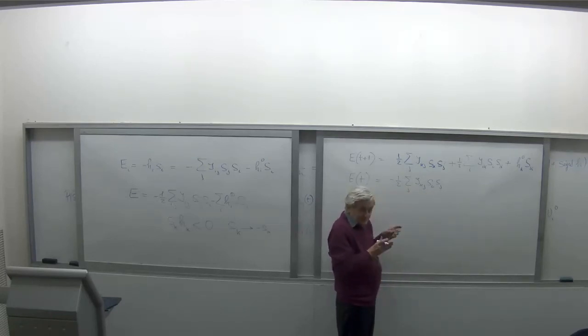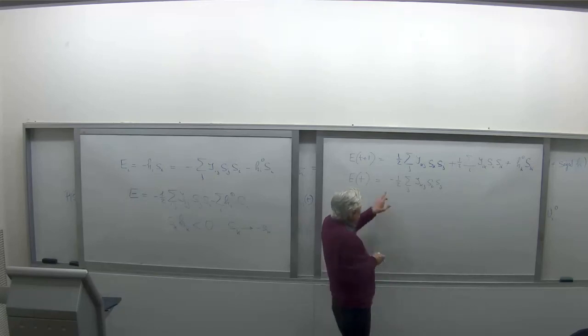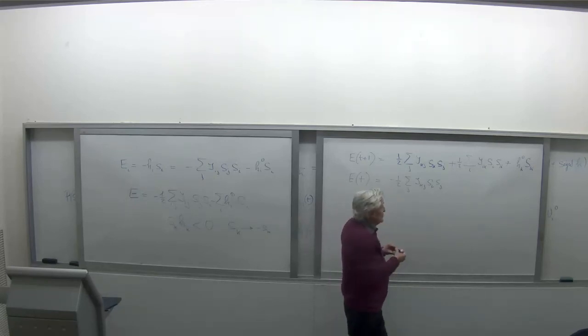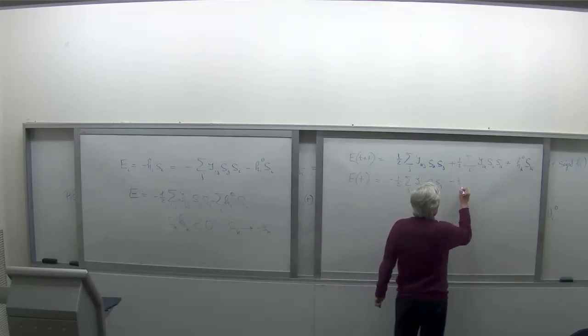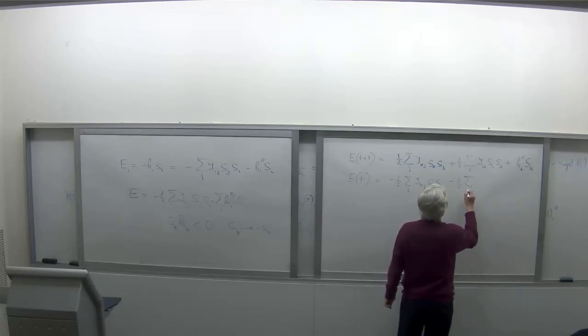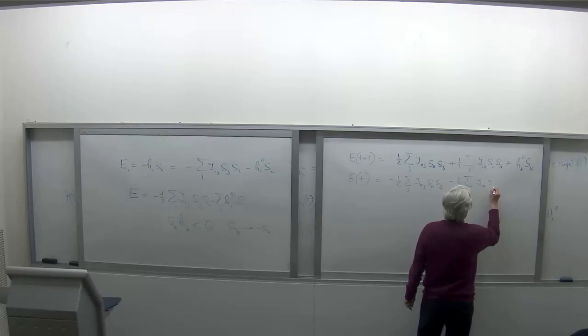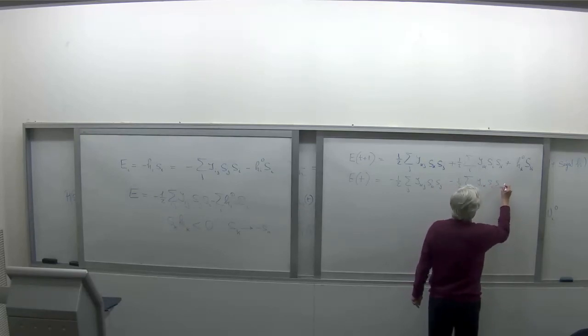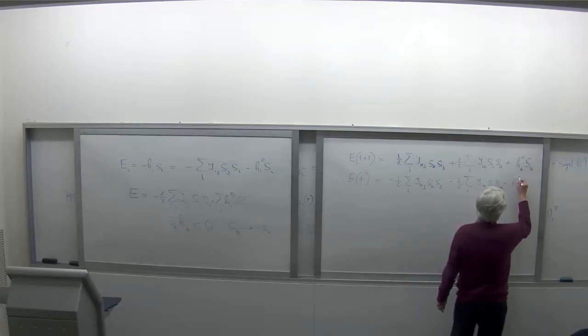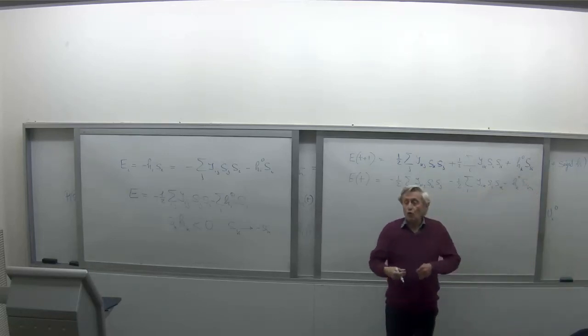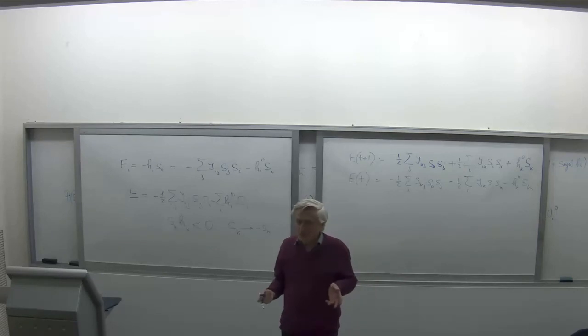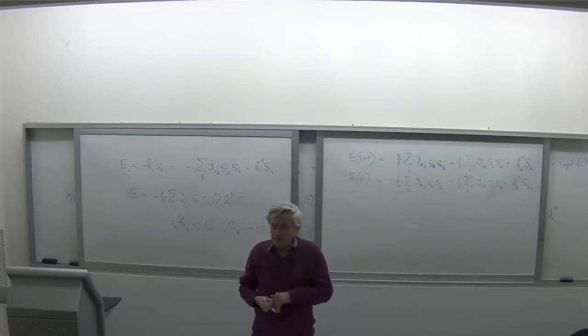Here s_k has its original value, therefore the minus is unchanged, and minus 1/2 sum over i, j, J_ik, s_i, s_k minus h_k^0 s_k, and then there are all the other terms where neither i nor j is equal to k.